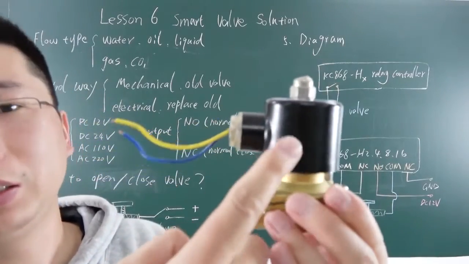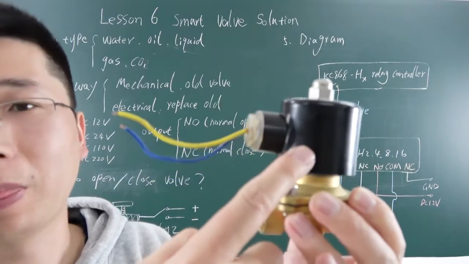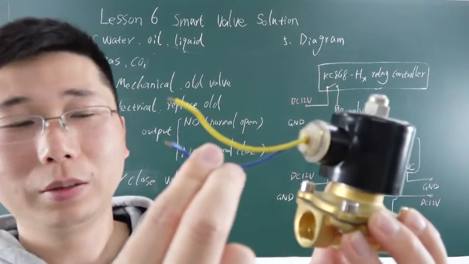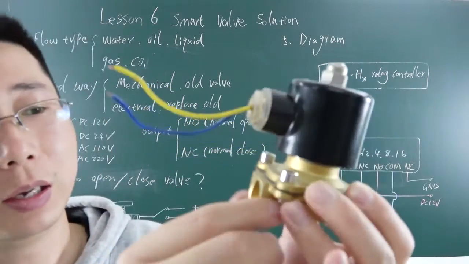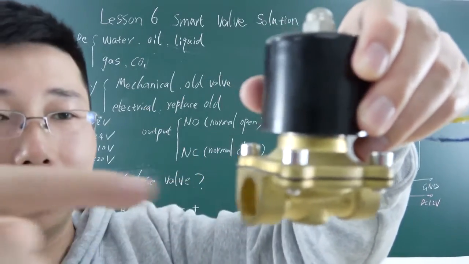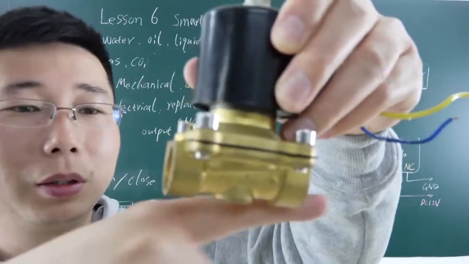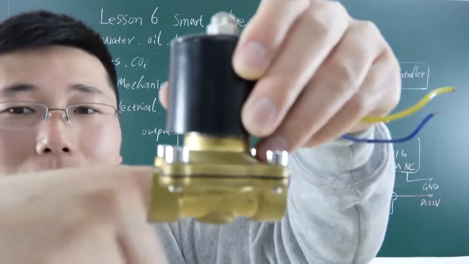This is like a relay, or there is a coil inside the black body. So when these two lines have the power supply, then the water or the oil can go through the input point, and this is the output, and it will go through like this.